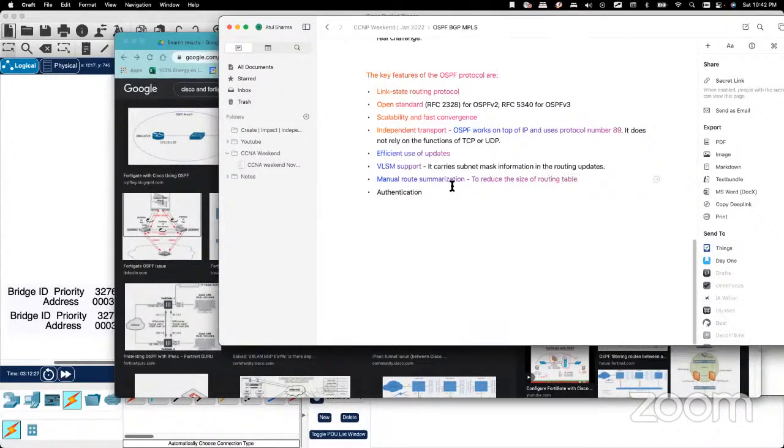Not only the routing table, it will reduce the size of packets that are going to be used in an update. Of course, because we are talking about link state updates, we will not send a lot of updates. But the routing table is the main one, because an update will go and we do not have to send the same route again and again, right?